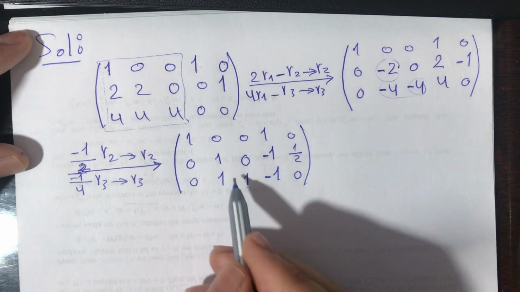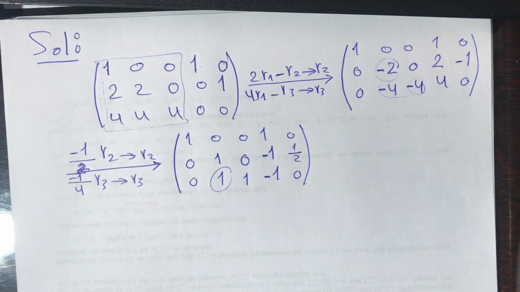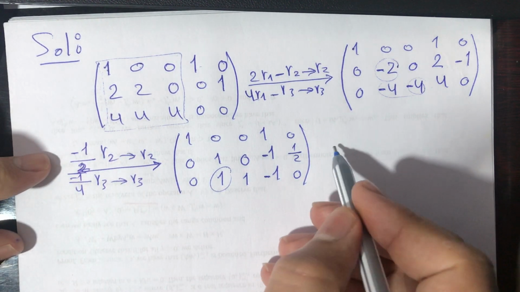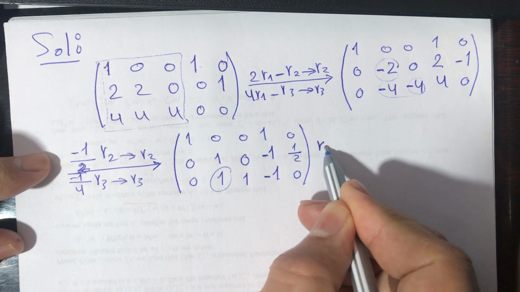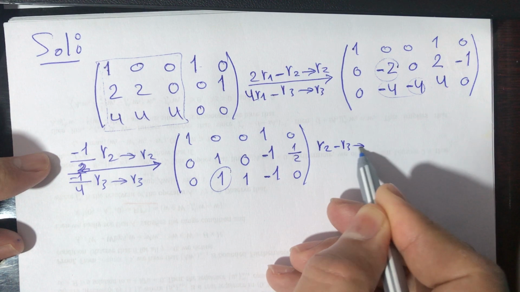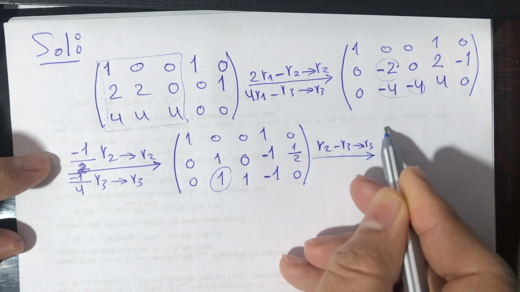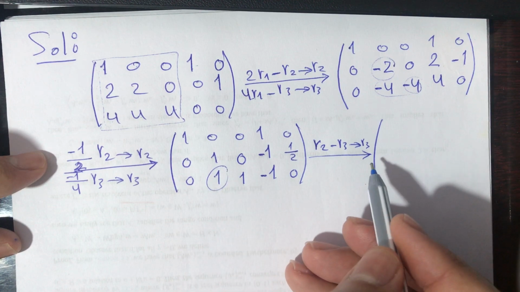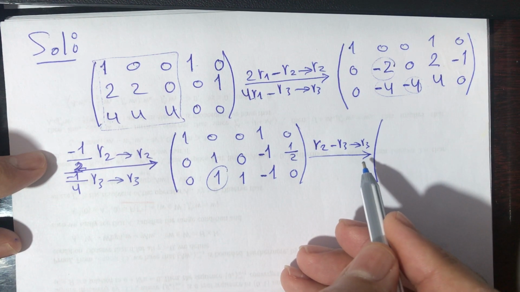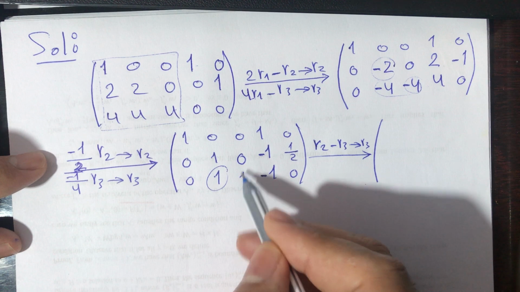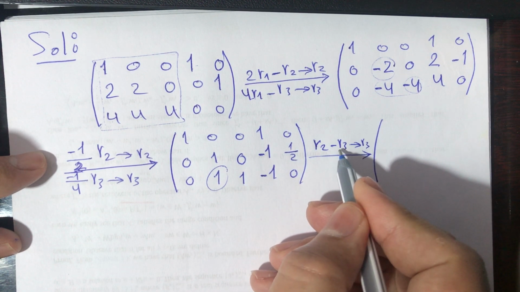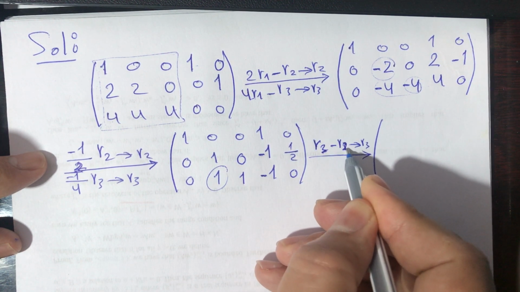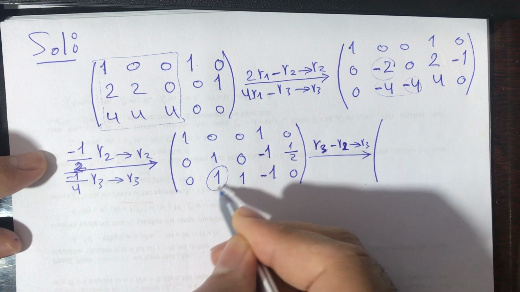Now just make this 0. That means R3 minus R2, better.